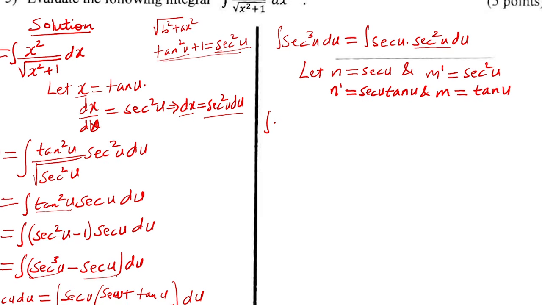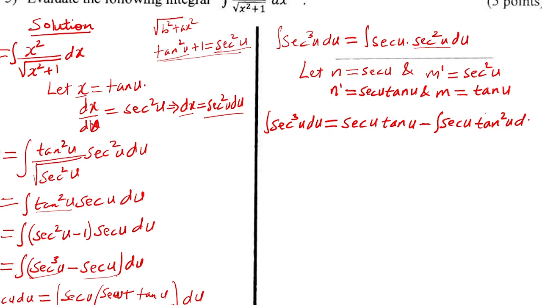Now the integral of sec cubed u du is equal to, by integration by parts, n times m, sec u tan u, minus the integral of n prime m, sec u tan u times tan u, tan square u du.